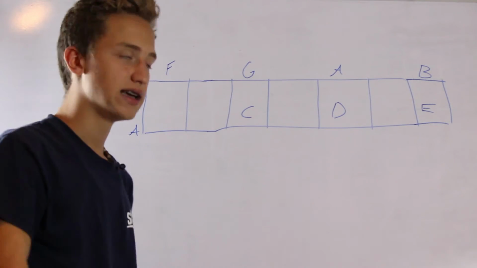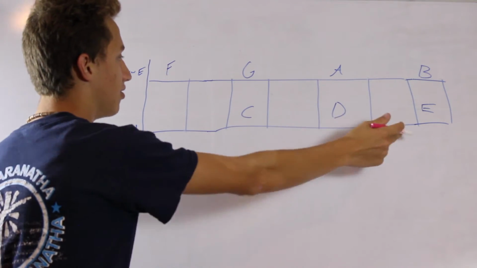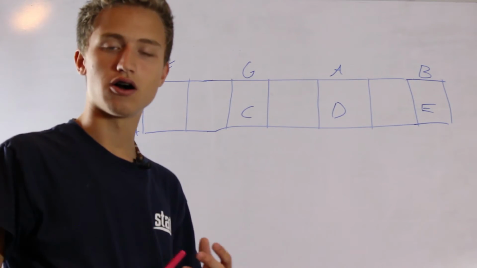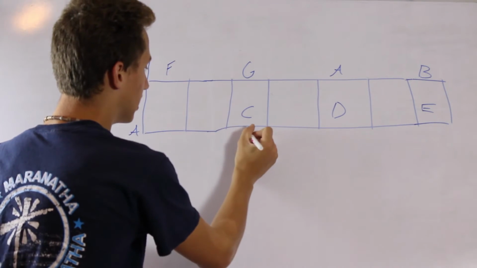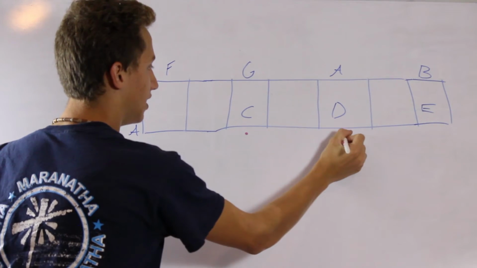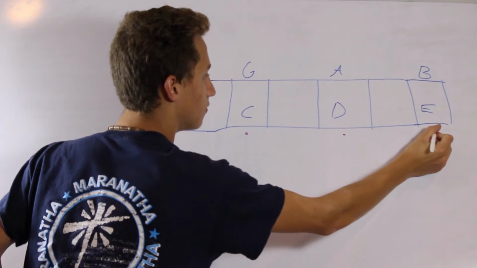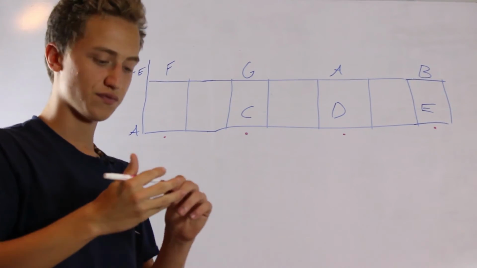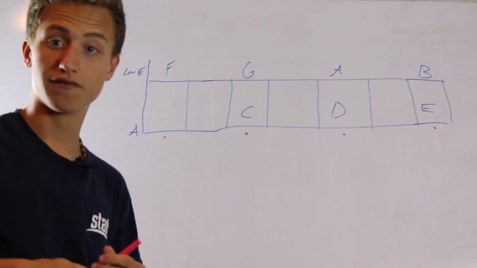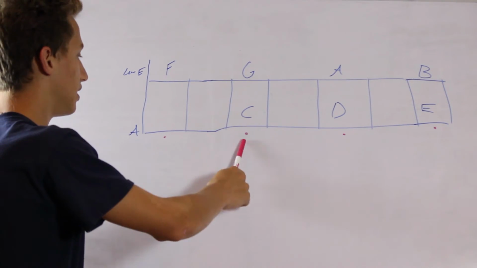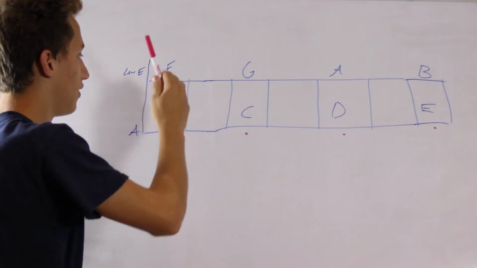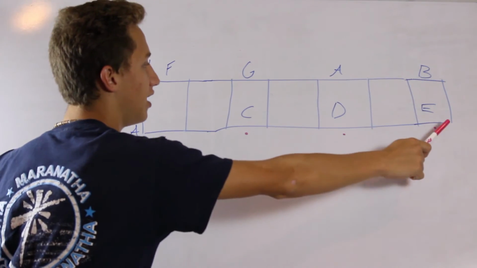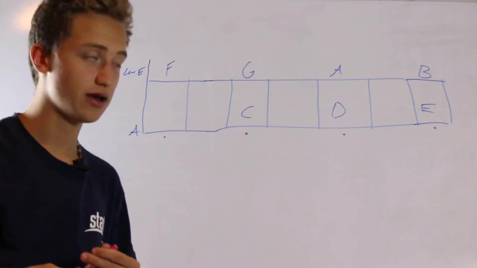Another way to remember this is that each note right here has a dot. I believe on most guitars, it's going to have a dot, right here, right here, right here, and right here as well. If you look on your guitar, you can see that on each of these frets, because this represents the 1st fret, this represents the 3rd fret, this represents the 5th fret, and this represents the 7th fret.